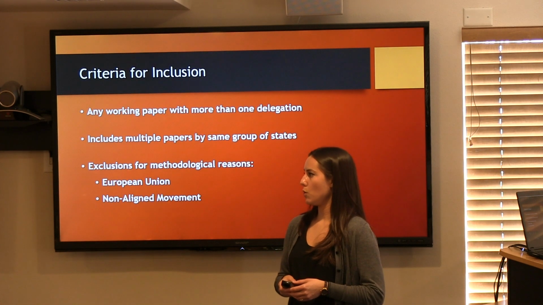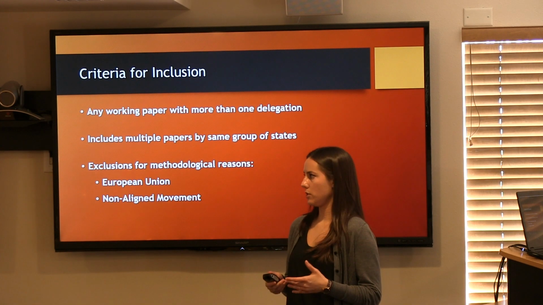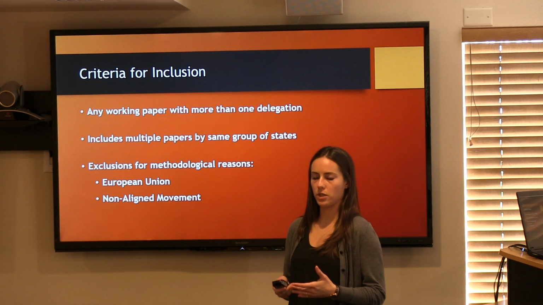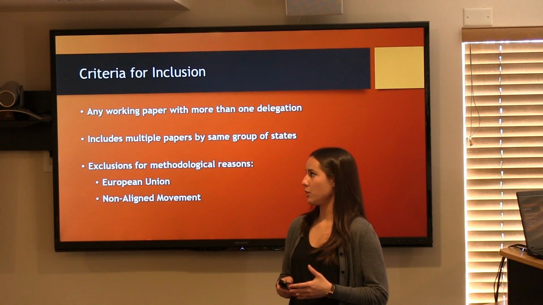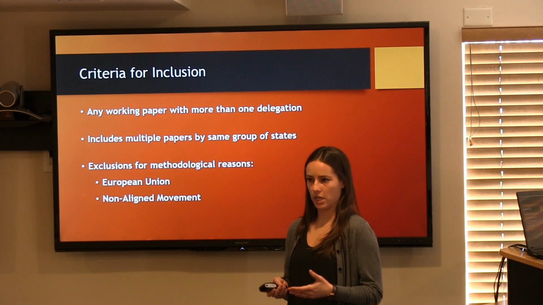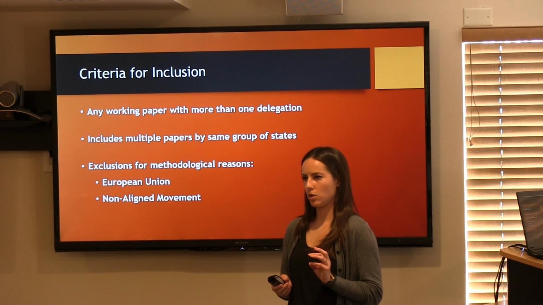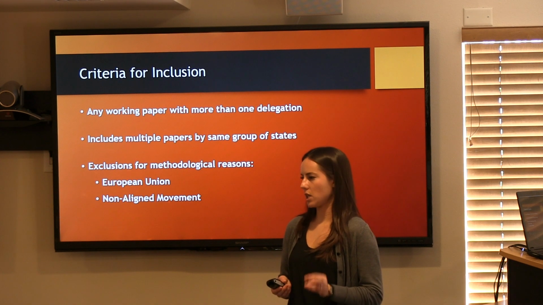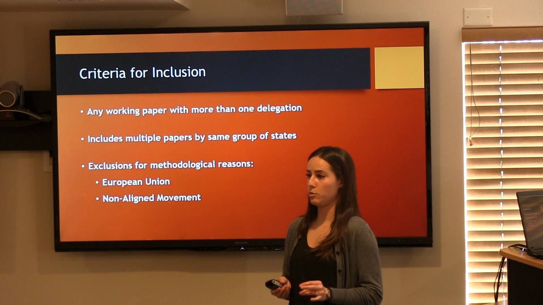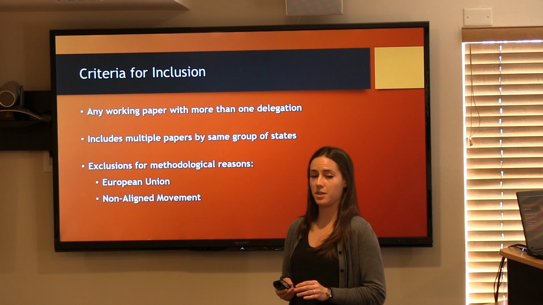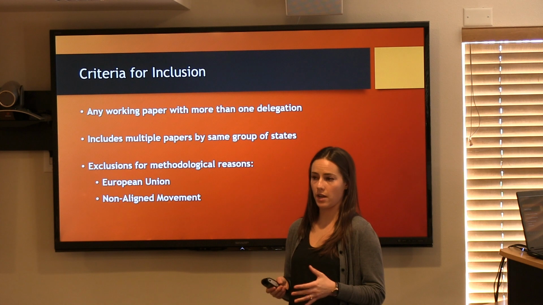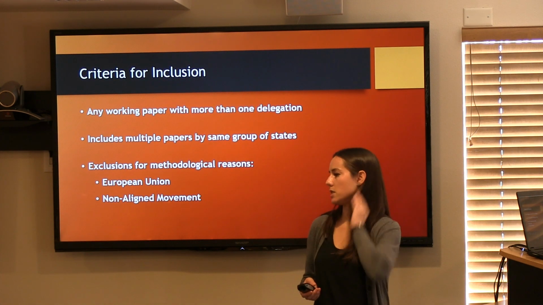In addition to why I selected working papers, I wanted to explain the working papers I included. I included any working paper that had more than 1 delegation on it, but there are 2 very important exceptions that have to do with the scope of what I wanted to look at. I didn't include European Union working papers, and I didn't include non-aligned movement working papers, which might seem unusual since I want to look at the role of the non-aligned movement in this network.